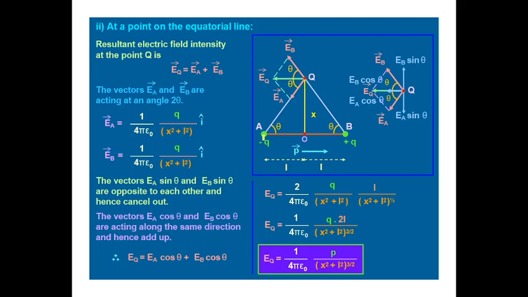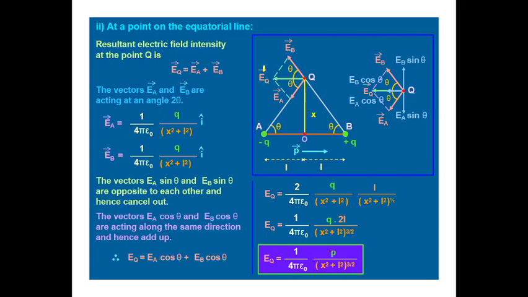So the electric field due to the negative charge is toward the charge, EA, and the electric field at point Q due to the positive charge is away from the positive charge. EB and EA form a parallelogram, and the resultant is along the diagonal of the parallelogram.